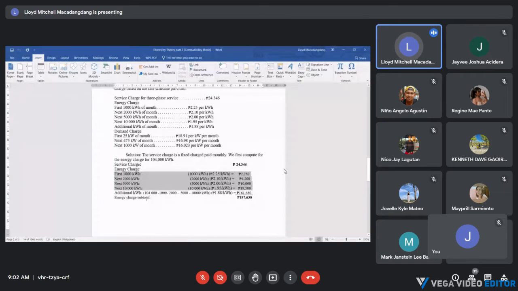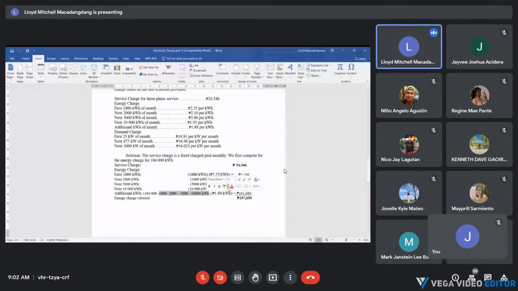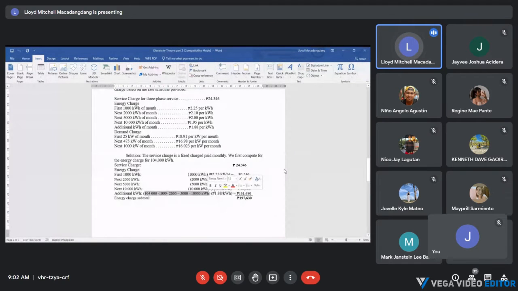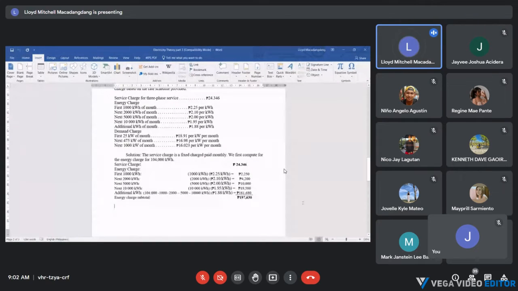Then we have the additional kilowatt hour: 104,000 minus 1,000 minus 2,000 minus 5,000 minus 10,000, subtracting the portions already charged. The additional kilowatt hour is 1.88 per kilowatt hour, so we multiply by 1.88, which gives 161,680 pesos for the additional kilowatt hour.